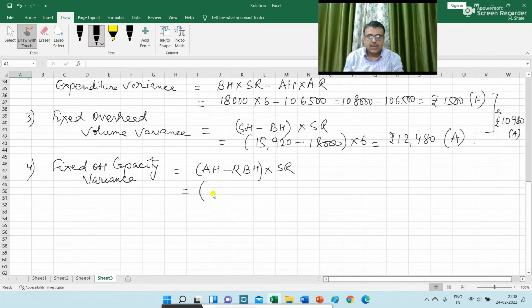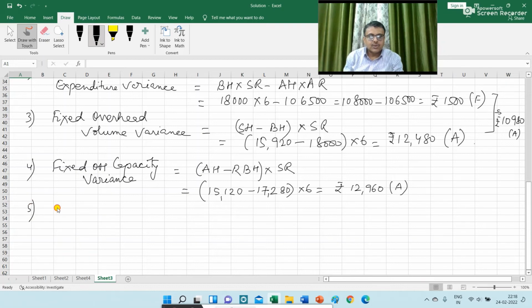Your actual hour is 15,120 minus revised budgeted hour, that is RBH, 17,280 into 6. This is calculated at rupees 12,960 adverse. So fixed overhead capacity variance is AH minus RBH into SR.